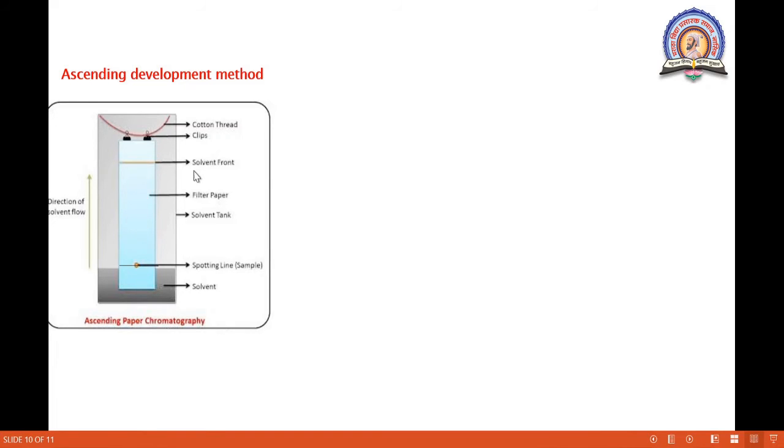This is the solvent front. That means from this line to this line, the solvent has moved. This is the spotting, and this is the solvent, that means the mobile phase, which runs from the bottom to the top through the stationary phase, or through the paper, against the gravitational force, and that development is due to capillary action. This is about the ascending development method.